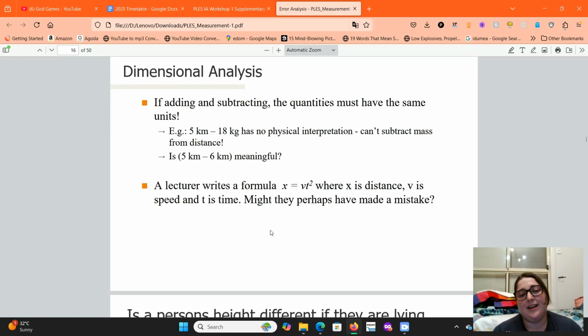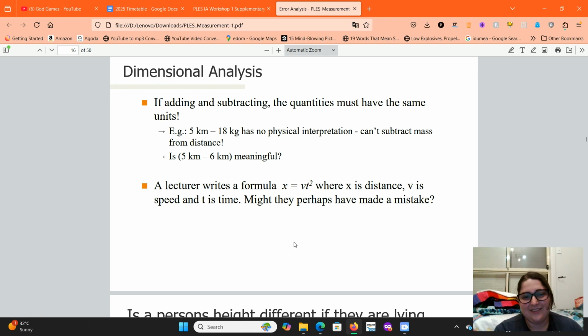So a lecturer writes a formula x equals vt squared, where x is a distance, v is speed, and t is time. Might they have perhaps made a mistake? Yes, they most definitely have.